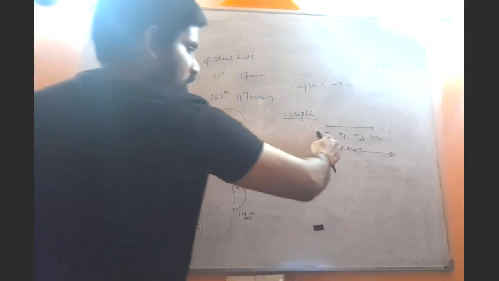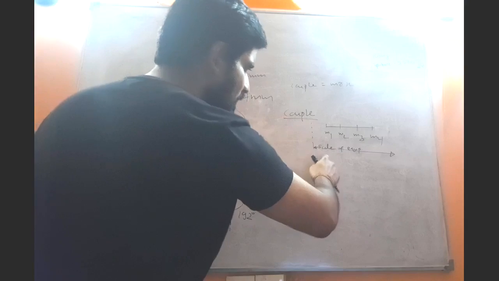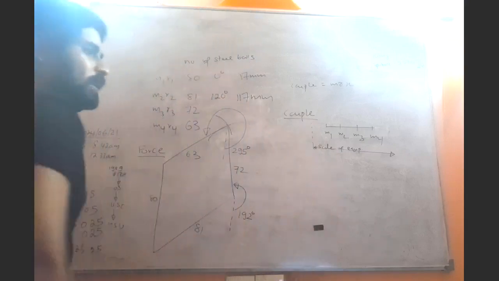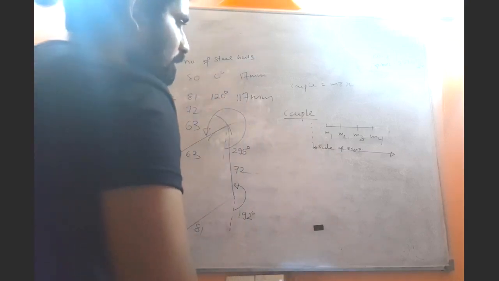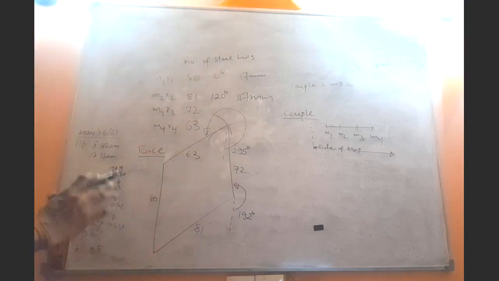So these masses are positioned with respect to the scale of the equipment. Like that, we know that distance for the first two masses.